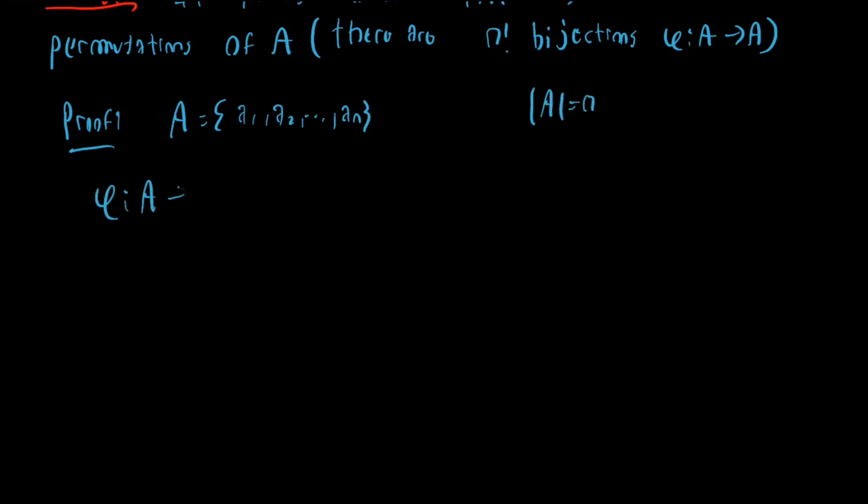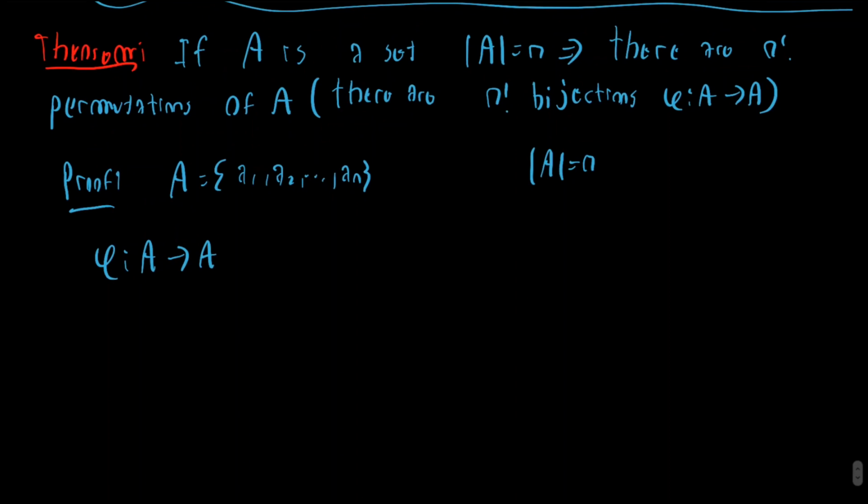Let's suppose that phi is a bijection from A to A. Then phi, in order to be a bijection, needs to, of course, since it is a function, map each one of the elements of the domain, each one of the elements of A, to one and only one element of A. And since it is surjective, all the elements of A get paired to one element of A. And since it is injective, two elements of the codomain cannot be, quote-unquote, used twice. So, in other words, we will find the number of bijections, we could say, inductively.